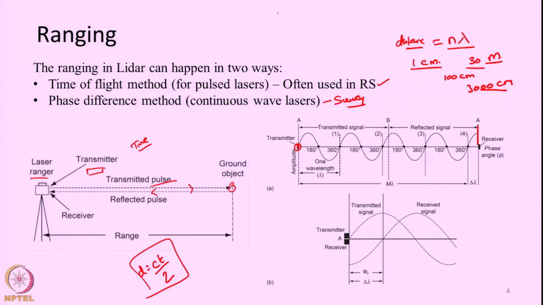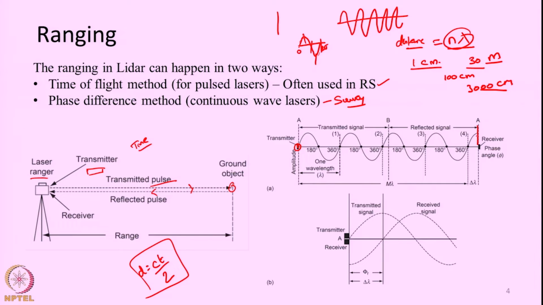If the distance is exactly like this, the phase will not change, because whenever it travels a distance of one wavelength, it will complete one full cycle of phase, 0, pi by 2, pi, 3 pi by 2 and 2 pi. So one full phase cycle is completed. So if the distance is an integral number of wavelengths, the phase will not vary.